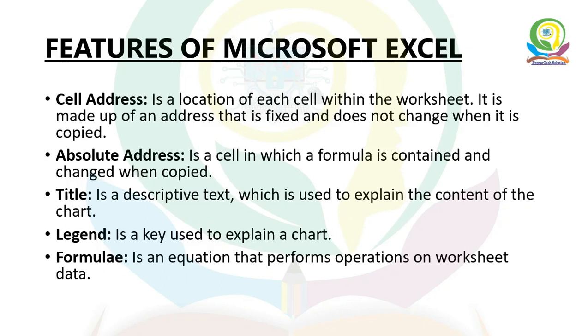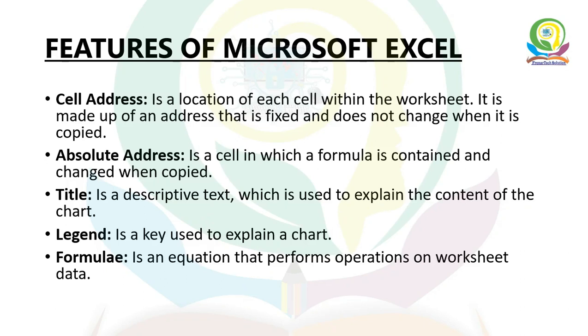Then we also have the absolute address. The absolute address is a cell in which a formula is contained and changed when copied. So it is a cell that contains a formula, and when you copy it to a different location, it changes when copied.